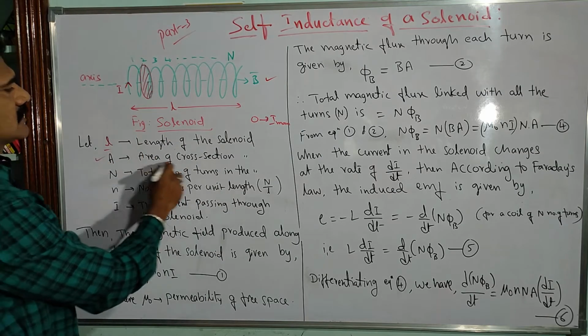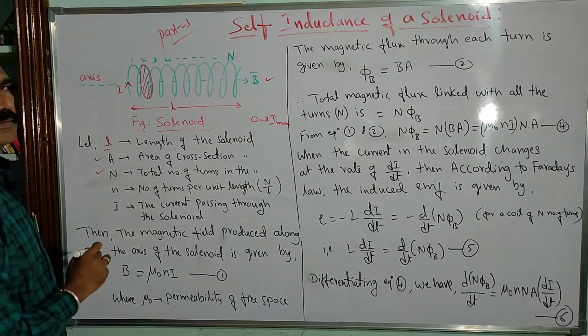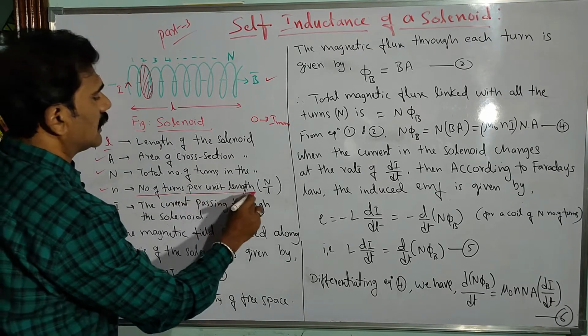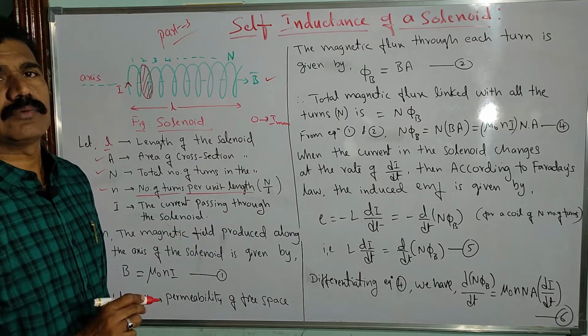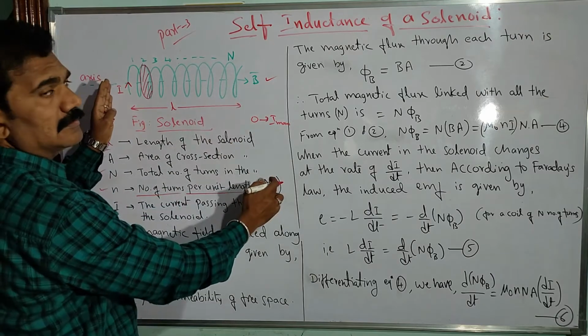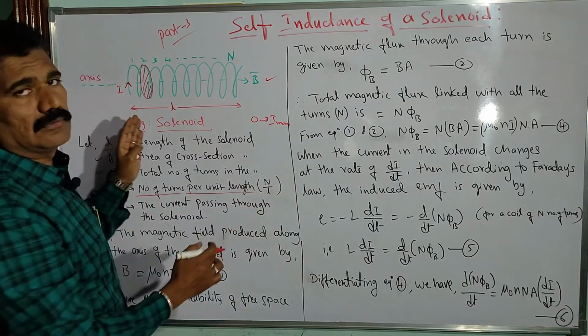A is the area of cross section of the solenoid, and the total number of turns in the solenoid is capital N. And what is small n here, you know? Small n is the number of turns per unit length. How do you calculate the number of turns per unit length? If you know the total number of turns in the solenoid as capital N, and the total length of the solenoid is L, just take the ratio.